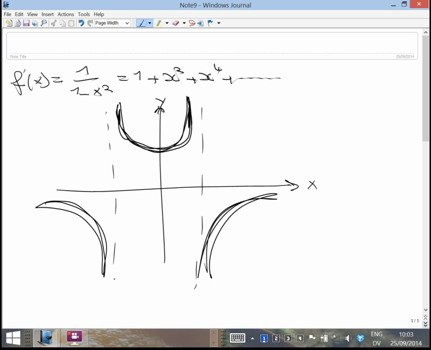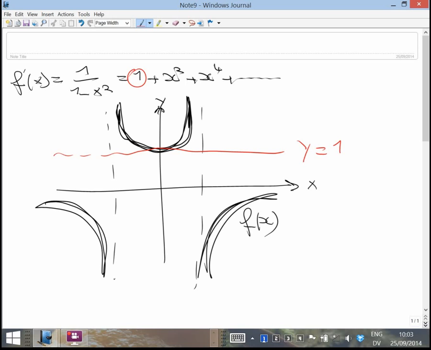Now in order to get some sort of feel for how this series expansion evolves, let's draw some partial sums. So for example, let's draw first the first partial sum, which is just y equal to 1. So that looks like this.